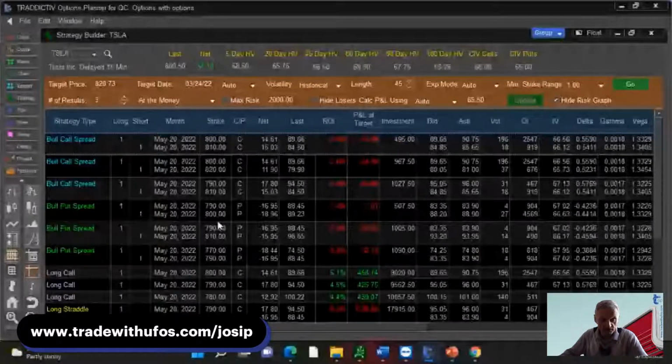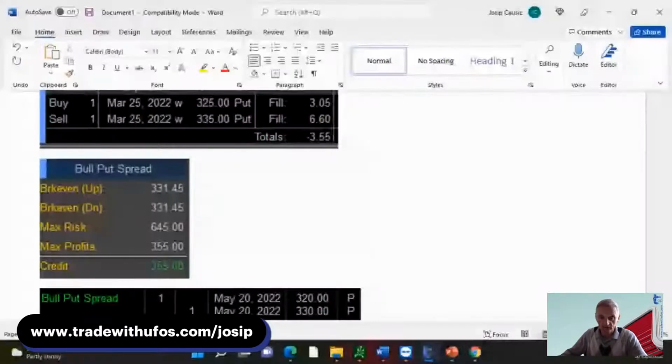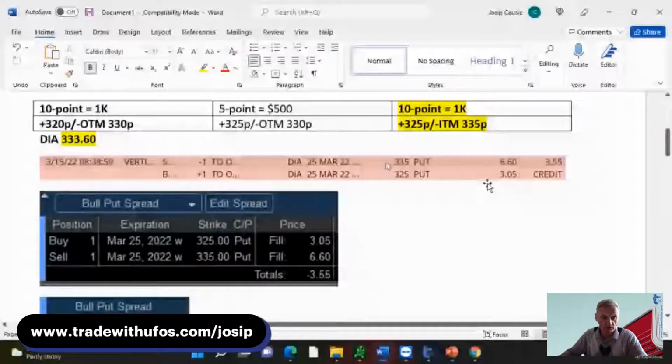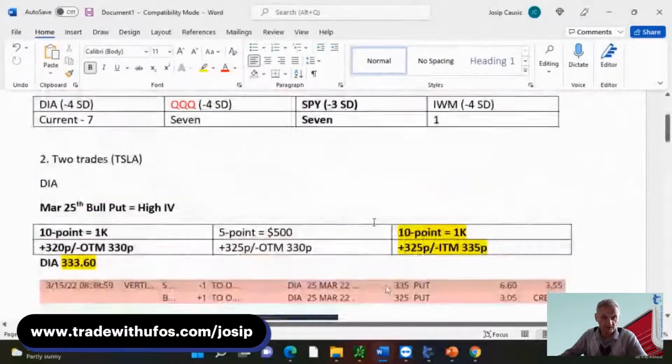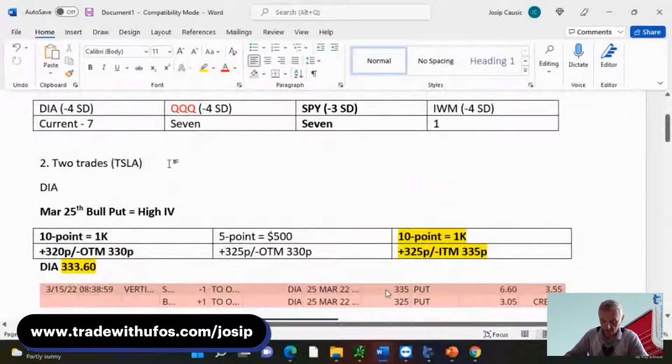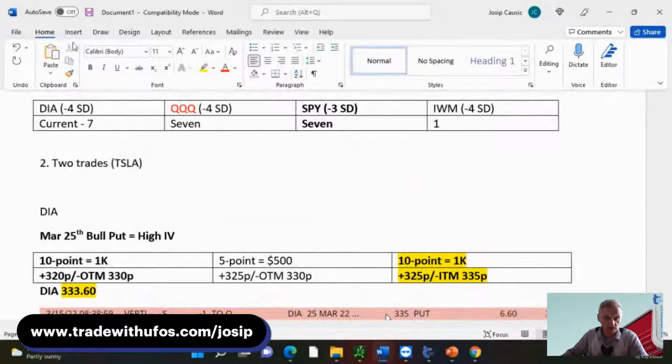So we have these choices. Let's now type this in so we keep consistency here. This is going to be a little bit faster than what we did before. So just like I had this right here, 10 point wide, 5 point wide, 5 point wide. On Tesla, I'm going to do the same thing.